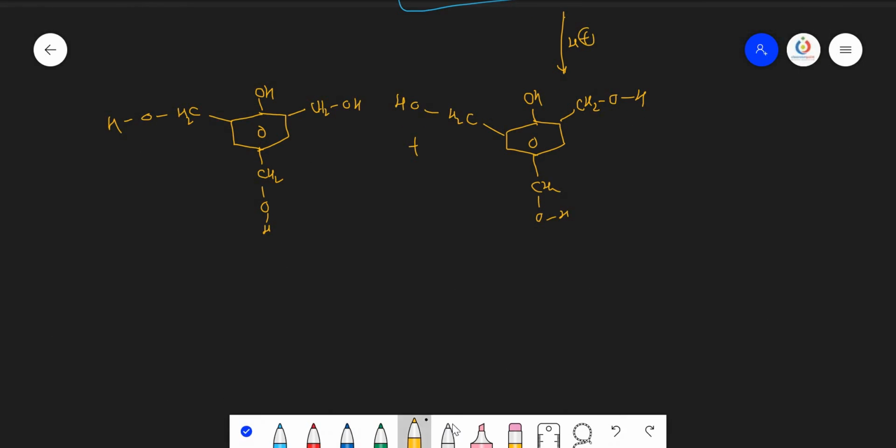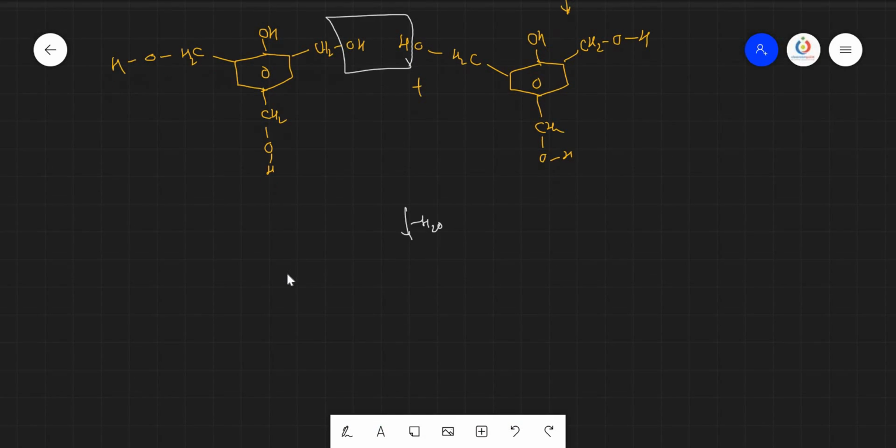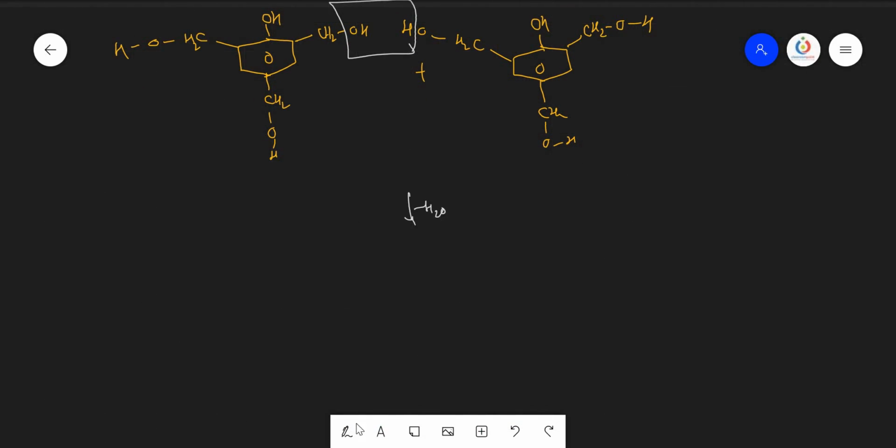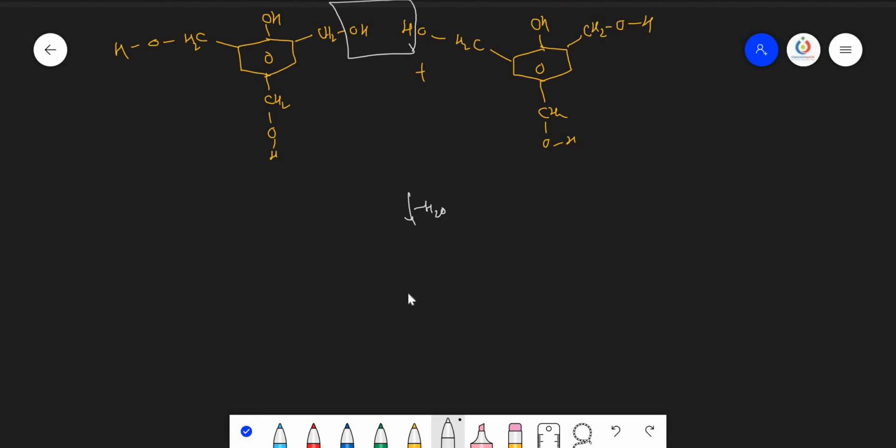So when you take these molecules, H2 will be removed. So when H2 is lost, what must be the final molecule? Just guess it. It is so easy. This molecule here, phenol, CH2. So the CH2 connection on this side will go like this.